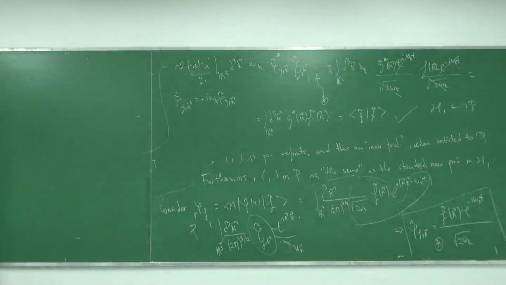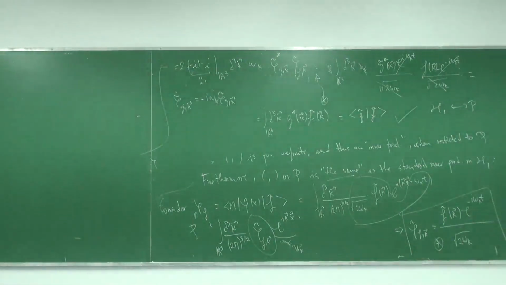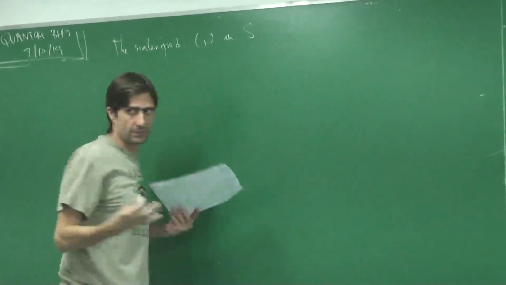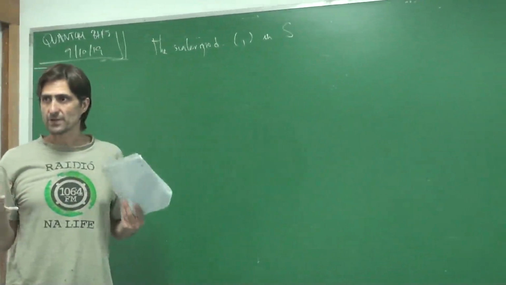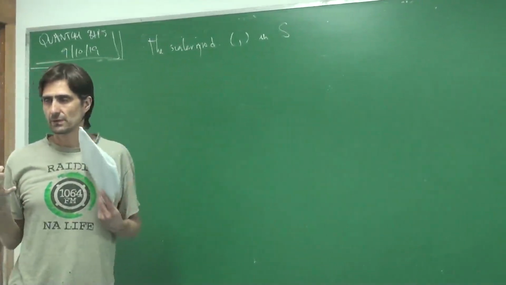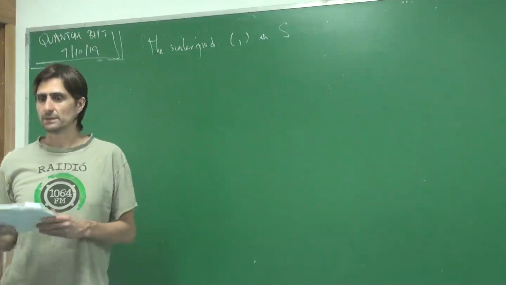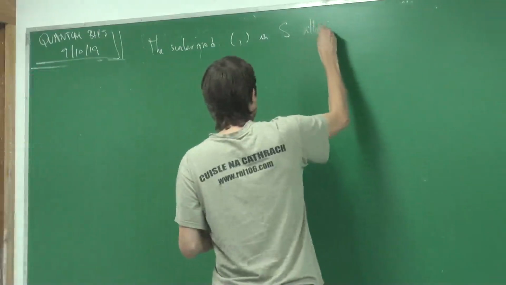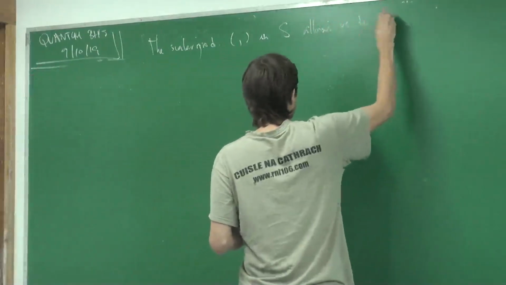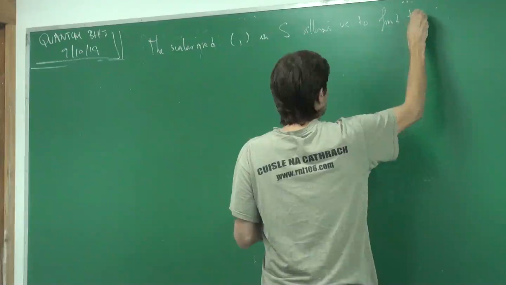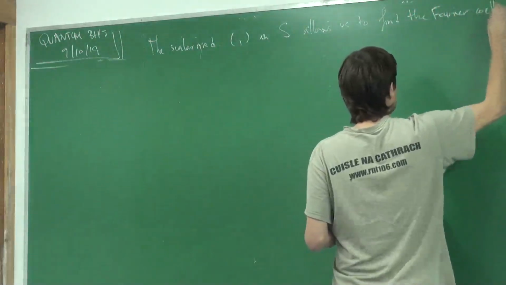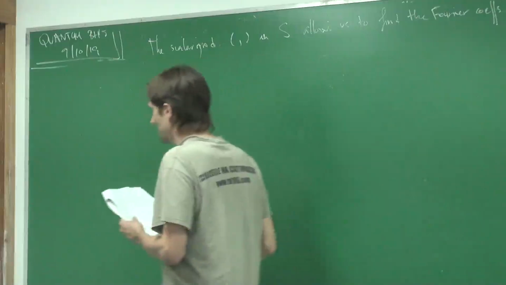So the scalar product, note that I'm talking now about a scalar product in S, not an inner product in P. So I'm referring to the whole S. So this allows us to find the Fourier coefficients as inner products.